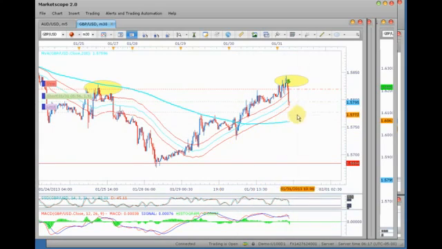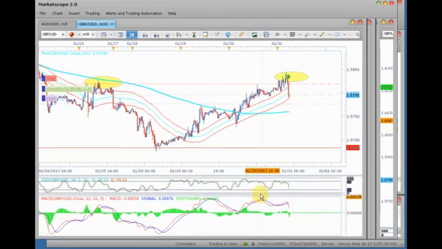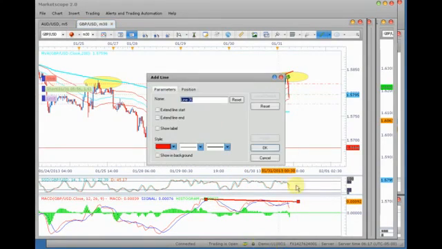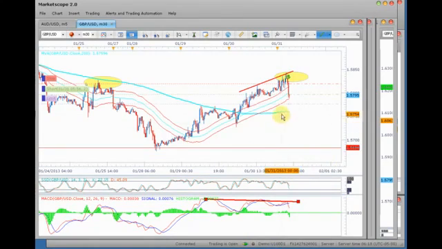So we've got some downside momentum. We've got lots of divergence too. Higher highs in price, but the indicator is flat to lower. So that's negative divergence, and it's telling you that there are fewer buyers of this.